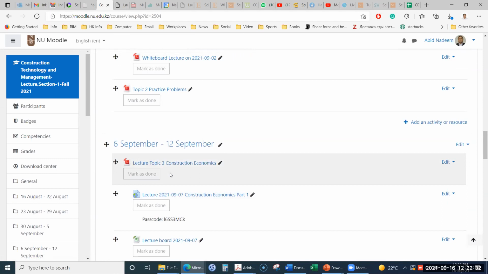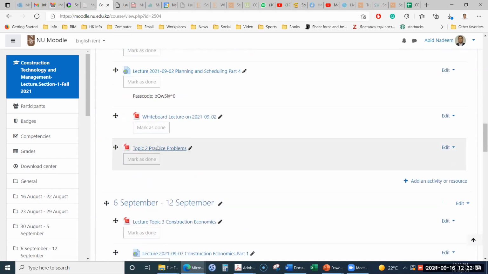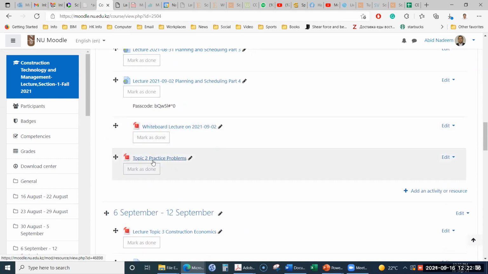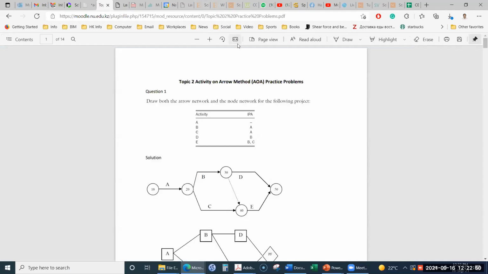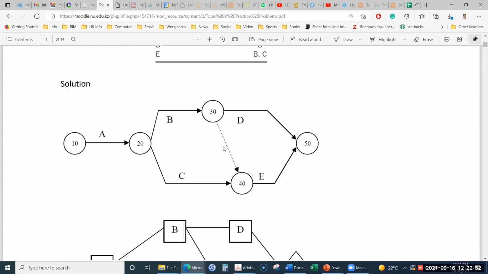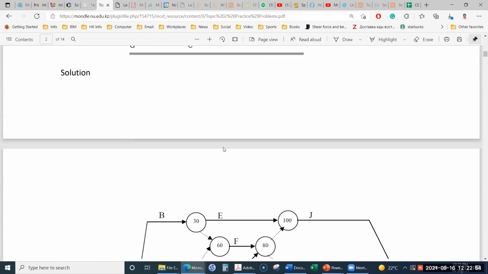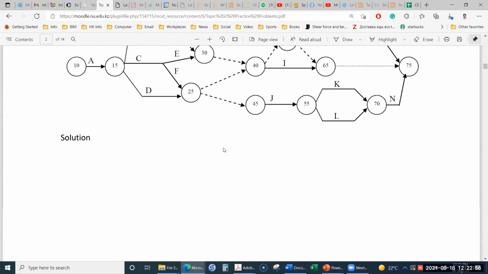But for your current assignment, we have the topic 2 practice problems. Can you see it? Right? Yes. So if you see the topic 2 practice problems, these will help you solve your assignment.